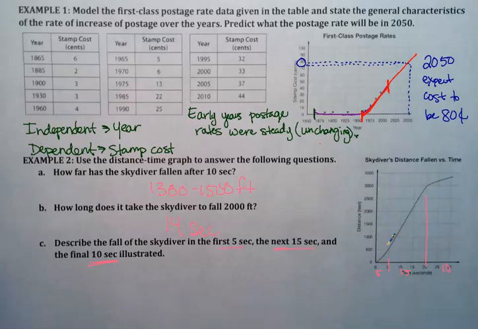I mean, you could say he's falling quickly. Maybe he's falling faster since this has got some curve to it, and it's not a steady climb. Like this one was really straight and steady. This one's got a curve. Like if I made that bigger, it would look like a curve. So this is showing that he's falling faster every second.